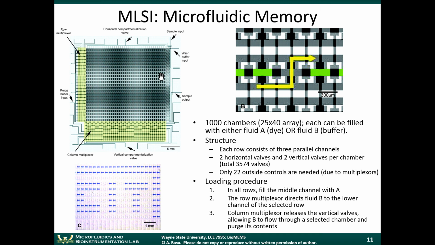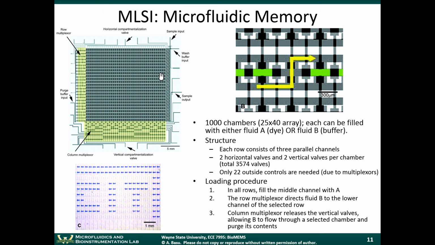So Quake applied that concept of a row column addressing scheme to a microfluidic chip. So you can tell the microfluidic chip into which row and which column you want to store something.